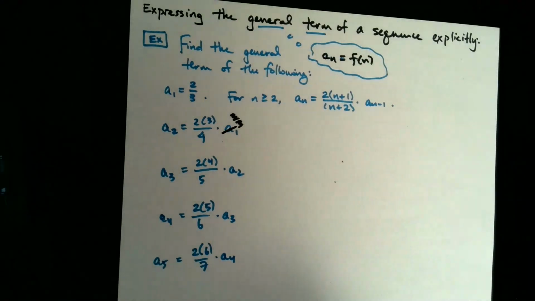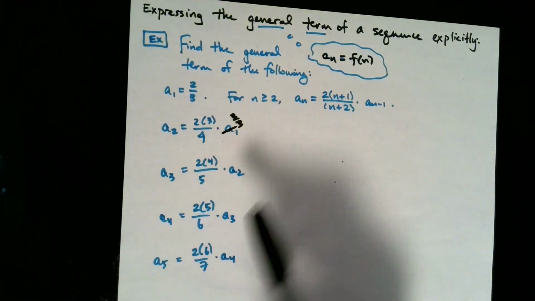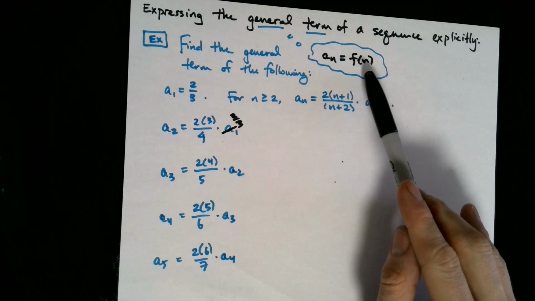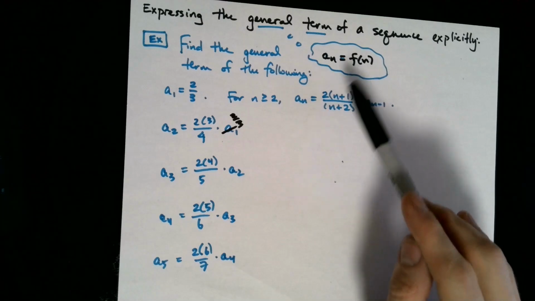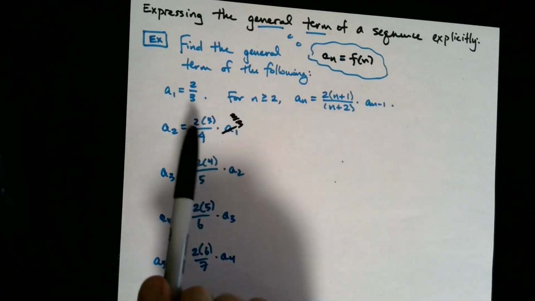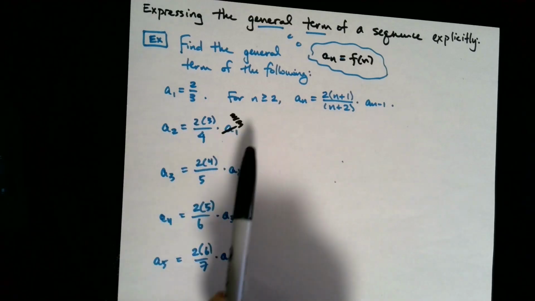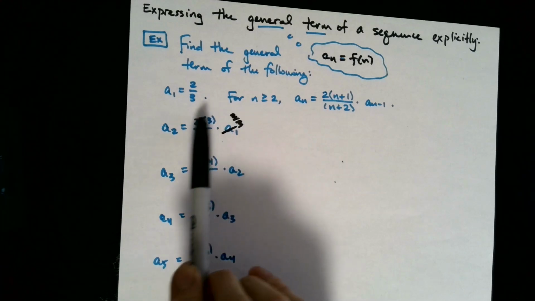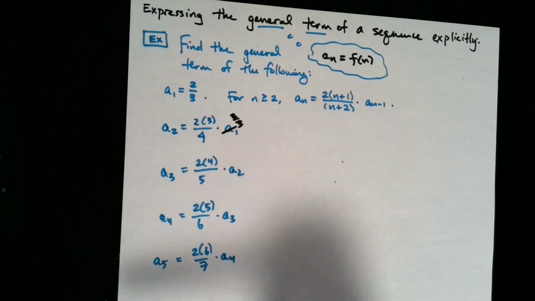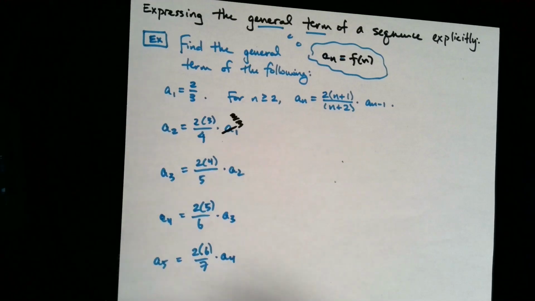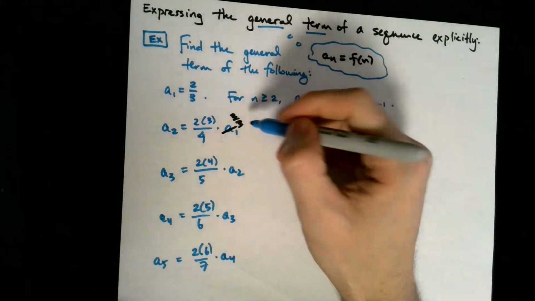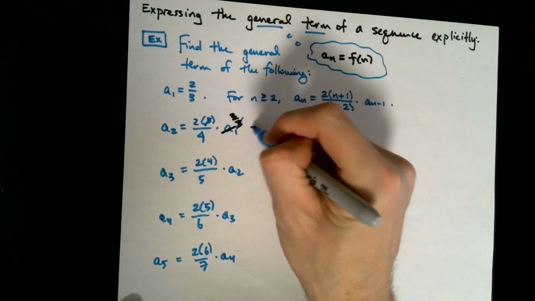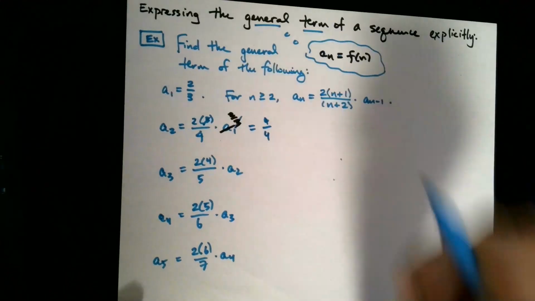Okay, now, why write all these out? Well, because if we're going to write out a general term for our sequence, we kind of need to see what the pattern is. So we've got 2/3 here as our first number. Once we know that the first number is 2/3, we can multiply by 2 times 3 over 4 to get ourselves the second term in the sequence. When we multiply, you can see here that the 3's cancel, and I get 4 over 4.